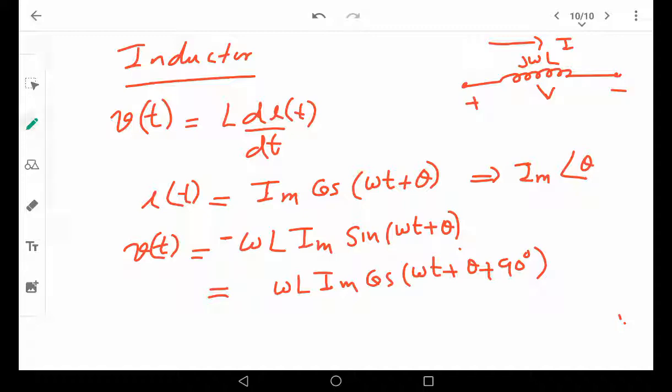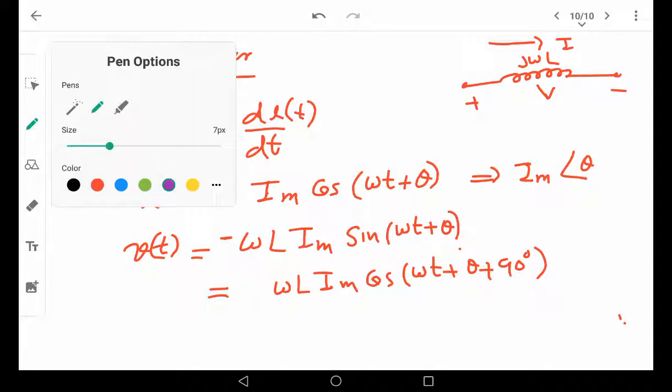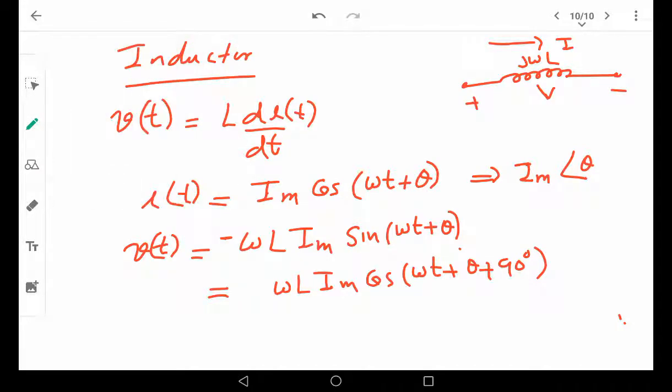The law we have used here is that minus sin A equals cos of A plus 90 degree. So I have used that particular law here. So you'll get it like this, isn't it?